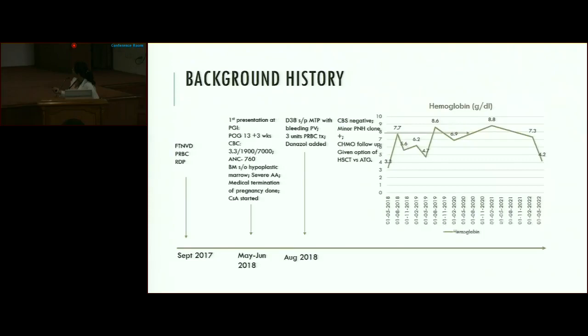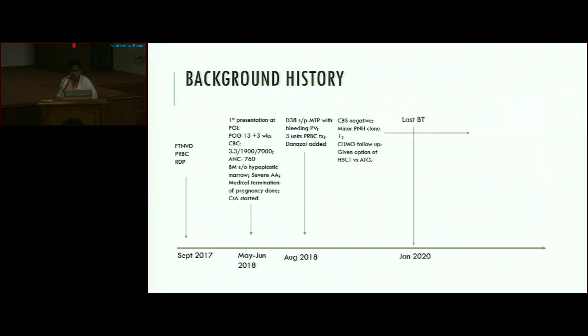And her hemoglobin used to stay between 5 to 8 with transfusion support. However, after January of 2020, it stayed between 7 to 8 without any component support, but it reached a low of 4.2 in her current admission. Her last blood transfusion documented was in January 2020, and her current admission was in June 2022.